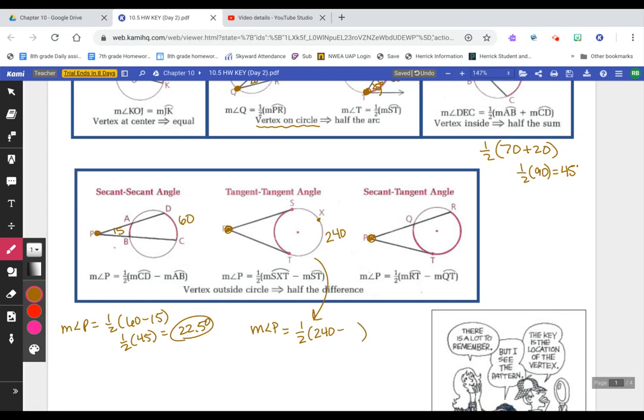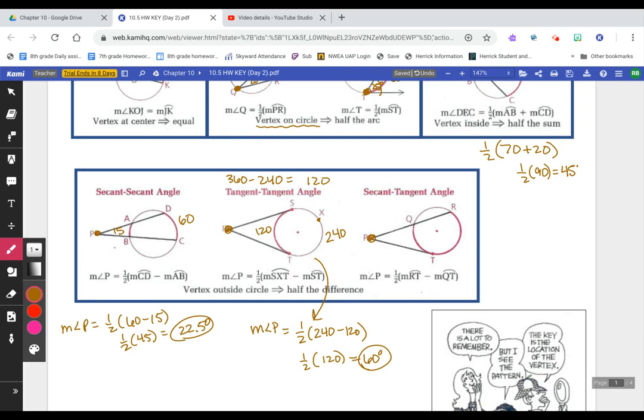You're like, I don't have the other arc. Well, in a tangent-tangent, like I said, both of those arcs make up the whole circle. So we need to take 360 minus the 240. I get 120. So that means this is 120. So now we have 240 minus 120. So we get 1/2 of, and what do we have there? 120. Again, half of that gives you 60 degrees for the measurement of angle P.